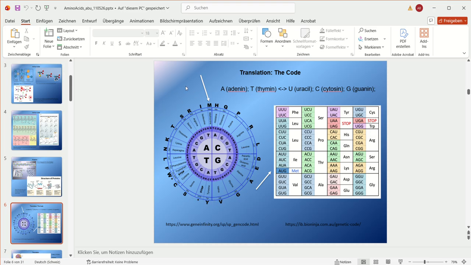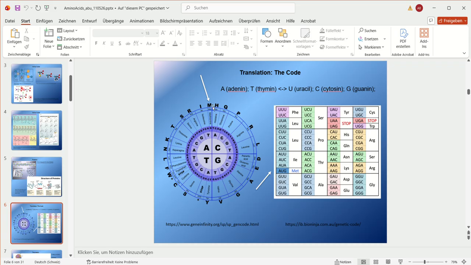Now we have to talk about the genetic code. Because you always have three letters, this letter, this letter, and this letter, and they combine to an amino acid. And here are the codes for the amino acids. They are from the alphabet, and because there are 20, the alphabet is enough. But sometimes the letter is the starting letter of the chemical, sometimes not.